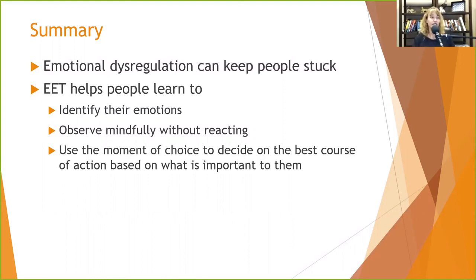Another activity that I've done in some of my groups is I'll put up an emotion on the board, and usually we do 2 or 3 in the course of a group. I'll put up something like disappointment, and we'll talk about what triggers that feeling for people. Then we'll talk about their sensations, their thoughts, and their urges when they feel disappointment. That helps people really understand what it's like for them.